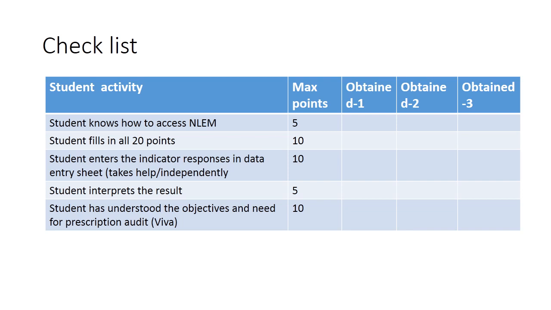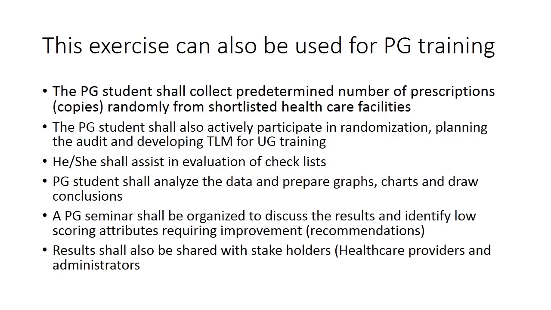The student interprets the results, and the student has understood the objectives and need for prescription audit, which can be assessed by viva. Total points are given, and on 3 occasions the student will achieve the points that will require certification. The same exercise can also be used further for PG training.